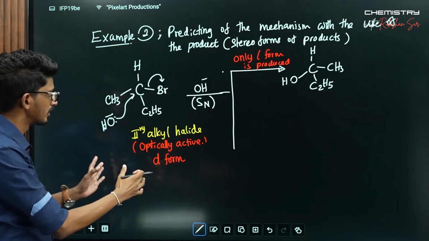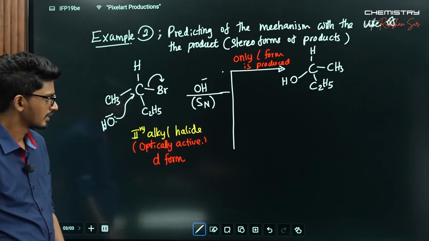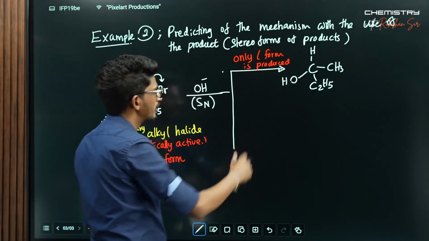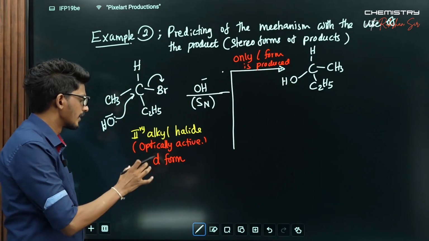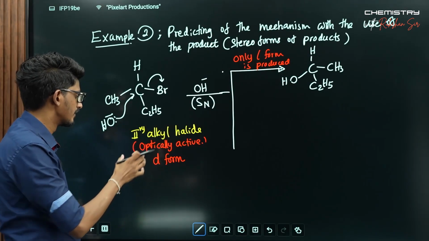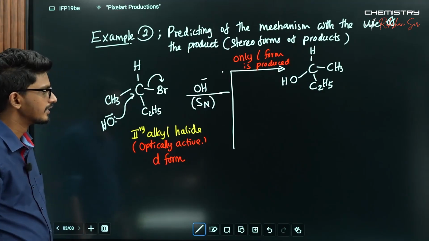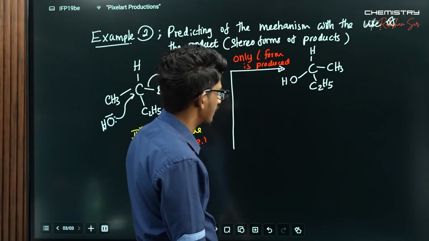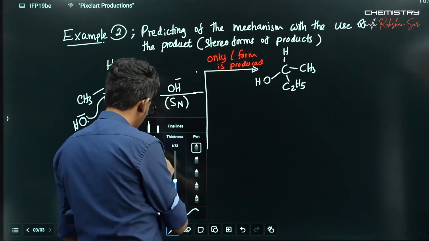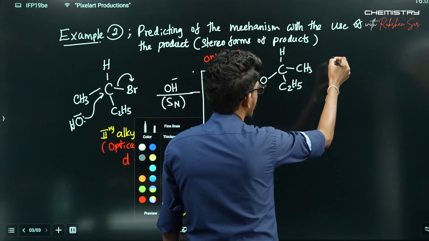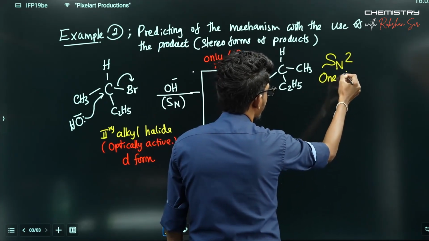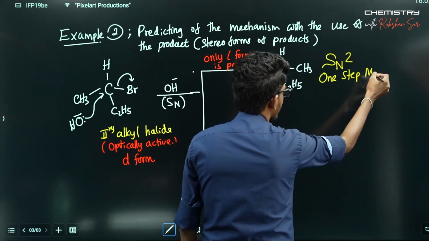If you are starting with the D form, you will come up with the L form by this kind of attack. So if only the other form is produced when a nucleophile attacks a secondary alkyl halide with optical activity, then definitely it should go through the one-step mechanism, SN2.